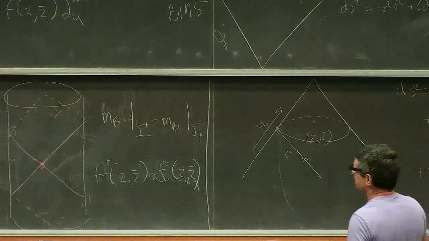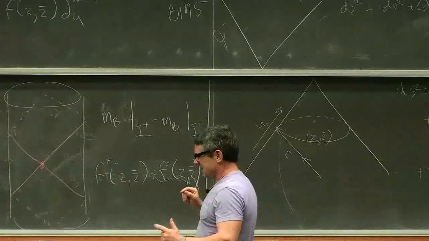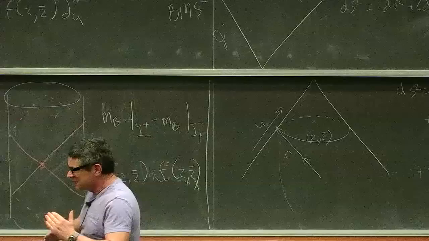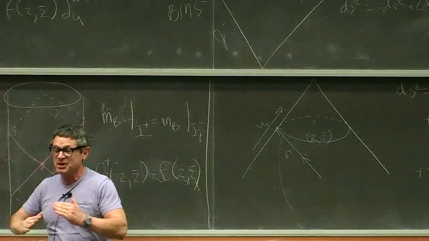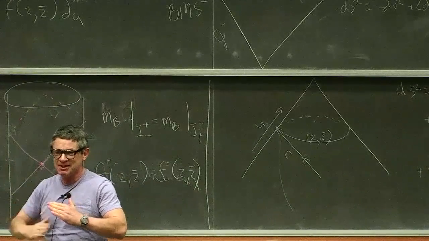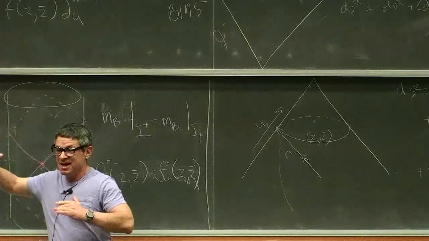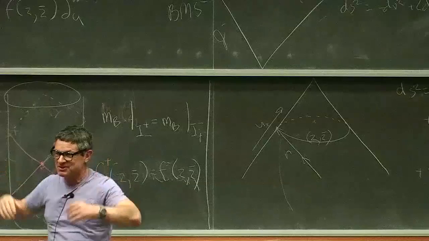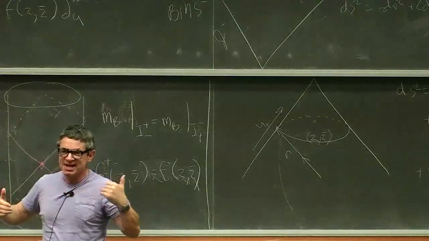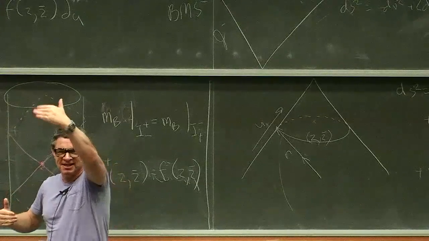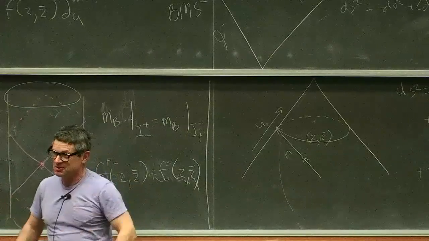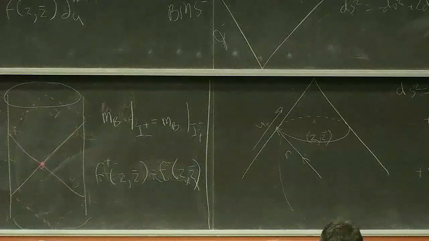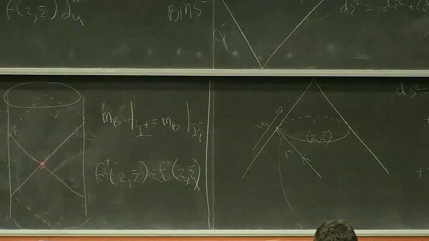Suppose we can delay all the incoming stuff on the South Pole by doing a BMS super translation. Without solving the bulk equations again, if we're given one solution, we can get another one which has a delay in the outgoing data near the North Pole. So this is a new symmetry of gravitational scattering.